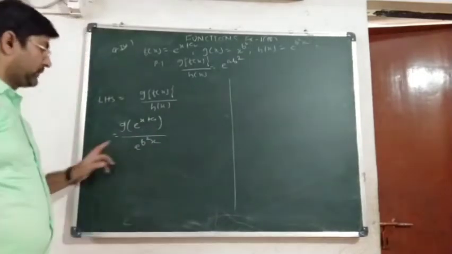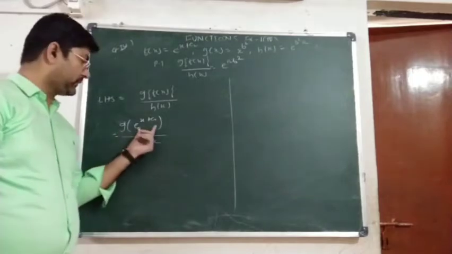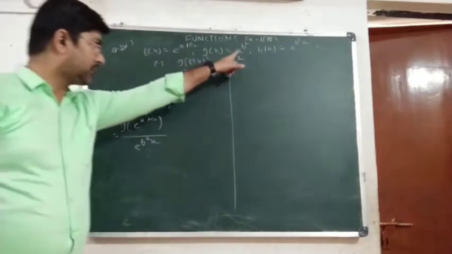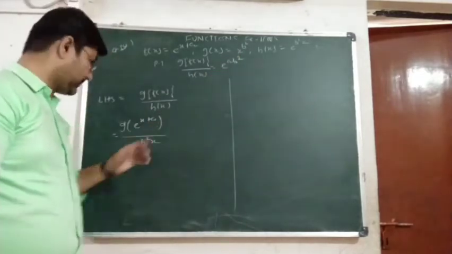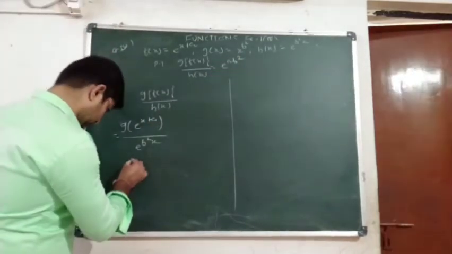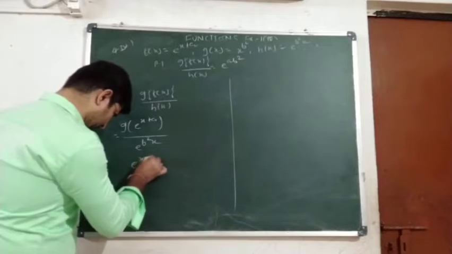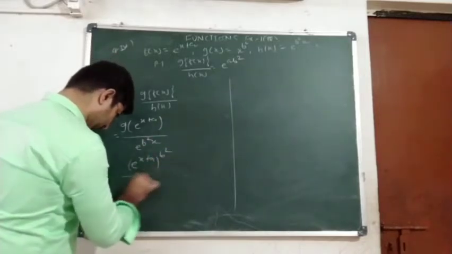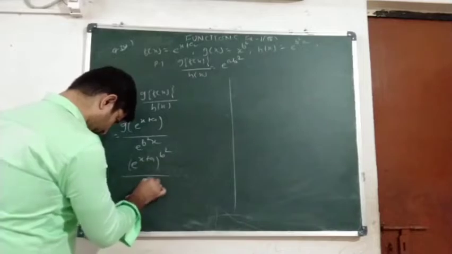Okay, now in order to find g of e raised to x plus a, in the formula of function g, x will be substituted by this bracket. So (e raised to x plus a) raised to b square is there, upon e raised to b square x.